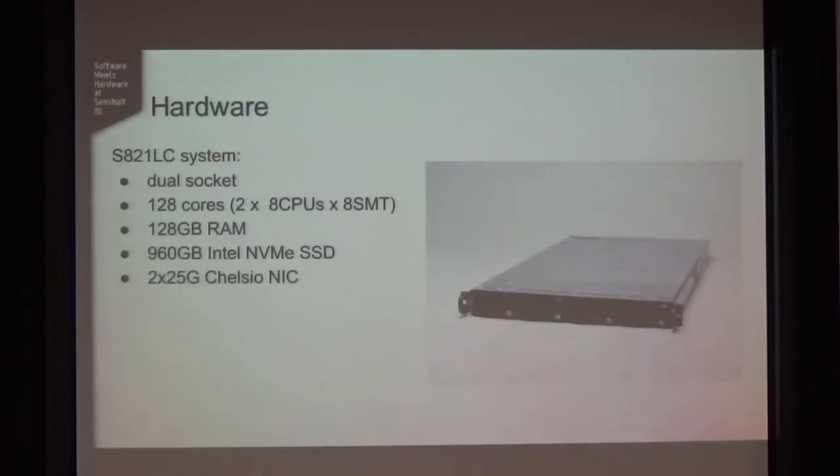It has 128 logical cores, with 8 SMT threads per each core, and 2 sockets giving 128. It has a bunch of RAM and Intel SSD, along with the Chelsio 40 gig network interface. And the goal of the project was to provide support for all things which are visible on this slide.